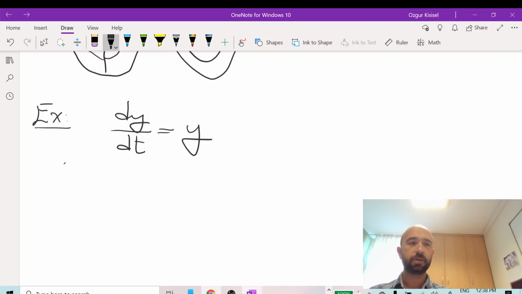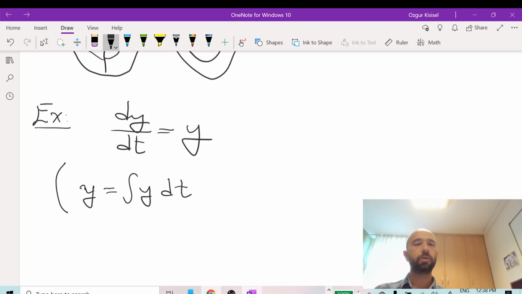What happens if I try to integrate? y is equal to the integral of y dt. Fine, but what else? I mean, I don't know y as a function of t, so there's something in the integral which I don't know. Therefore, I don't know how to integrate it, so I'm stuck here.